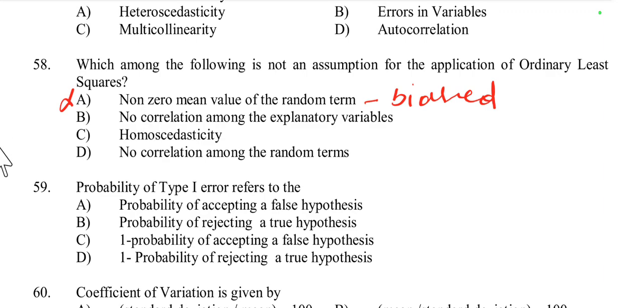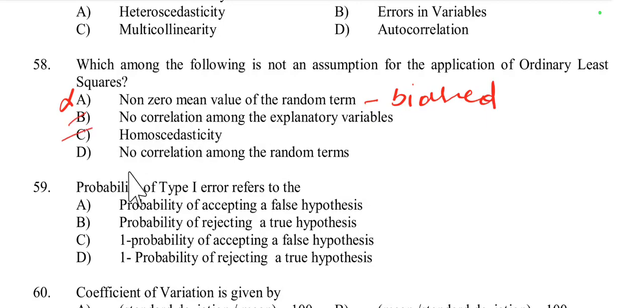So this is incorrect. Then option B, no correlation among the explanatory variables. Yes, it is necessary to avoid multicollinearity. So it is also right in OLS. Then homoscedasticity assumes that the variance of the error terms is constant across all observations. So this is also right.